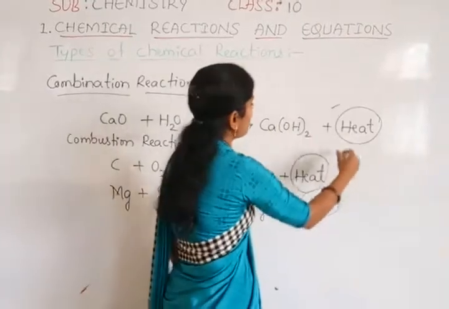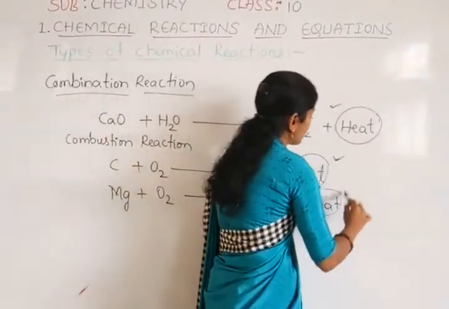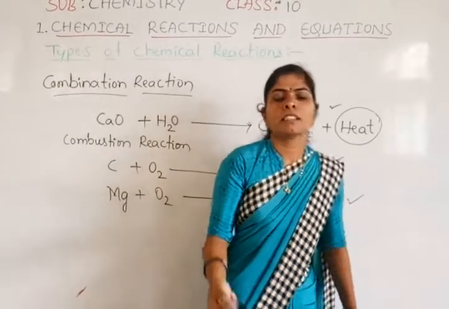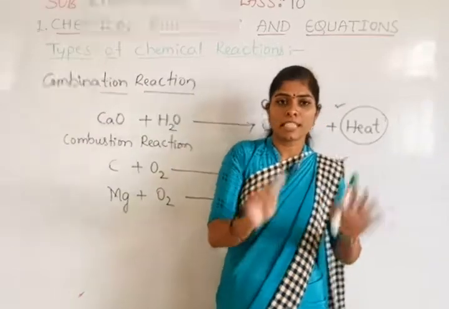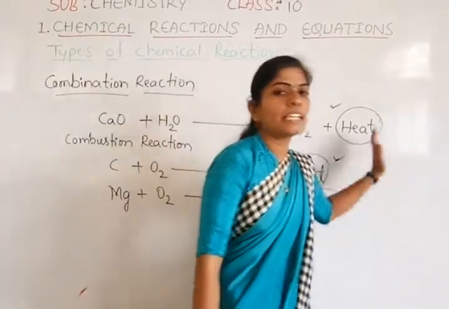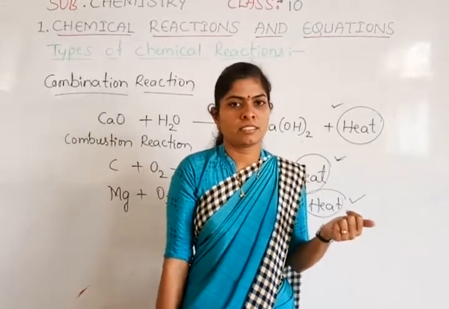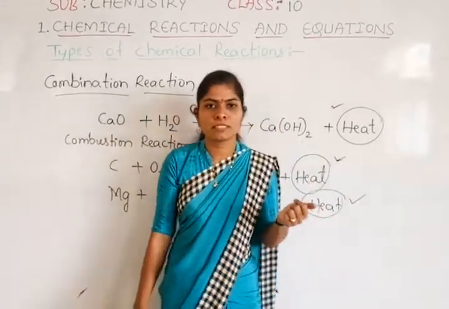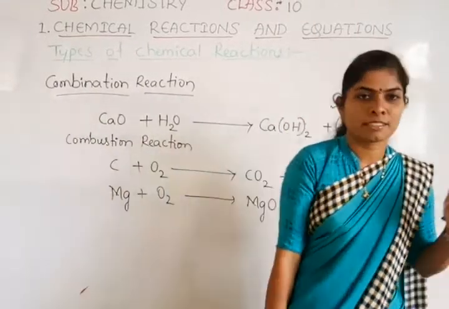See here, in all these reactions, what is the common thing? There the evolution of heat takes place. But heat will not evolve in all the reactions, only in some reactions the heat will be evolved. Then what can we call such reactions? Do you have any idea about this? Some reactions involve the evolution of heat.